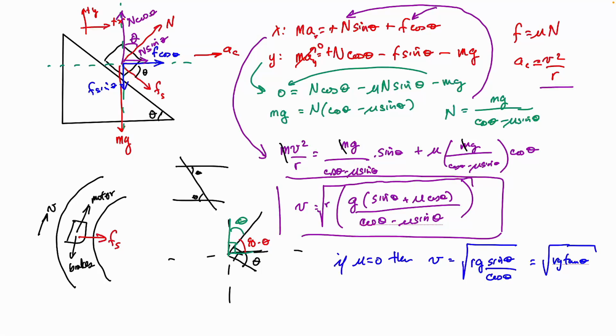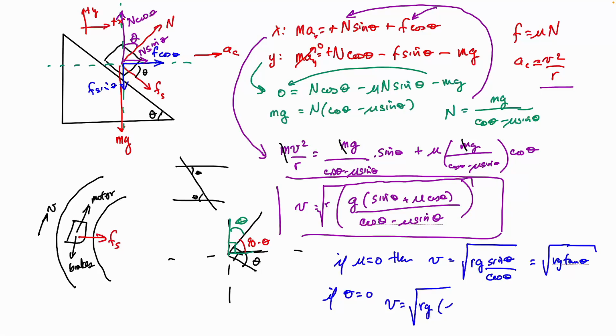So let's kind of upend that, okay, and say, if our angle is 0, then for a flat turn, what speed is safe? Well, that's going to be the square root of r times g, right? What's the sine of 0? 0, right?